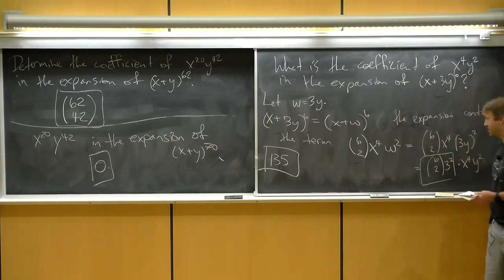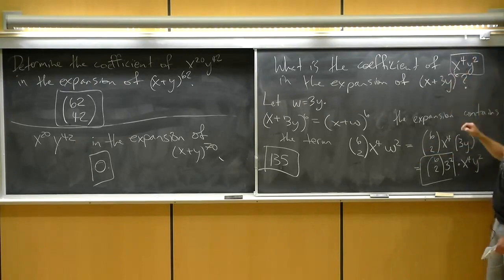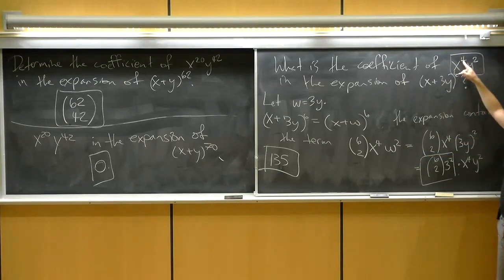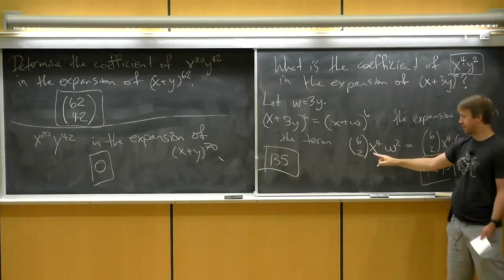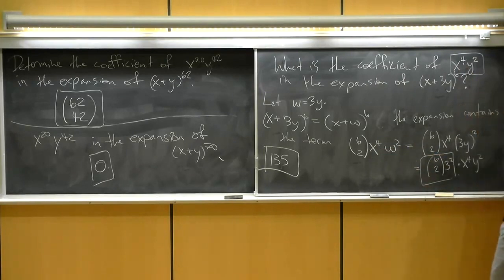But it would be exactly the same process. I only looked at that term just because this was what it was asking for. It wants a term that has an x to the 4 in it, so I better take the term that has an x to the 4 in it, or else you're not going to have that, right? Any questions about that?